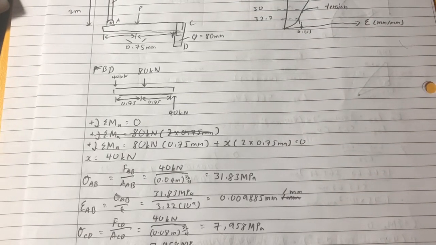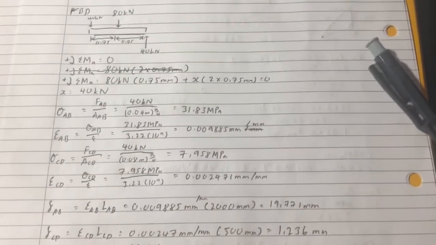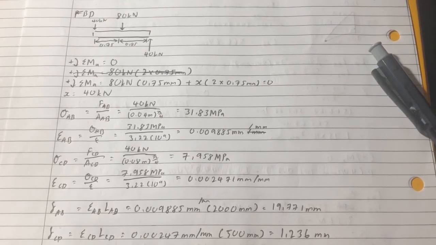So as saya cakap tadi, we need to find the normal stress of AB, the normal strain of AB, the normal stress of CD, and also normal strain of CD, so that we can find the elongation, and also we can find the angle nanti. So this is the solution to find each normal stress and normal strain, which is the normal stress of AB is 31.83 MPa.